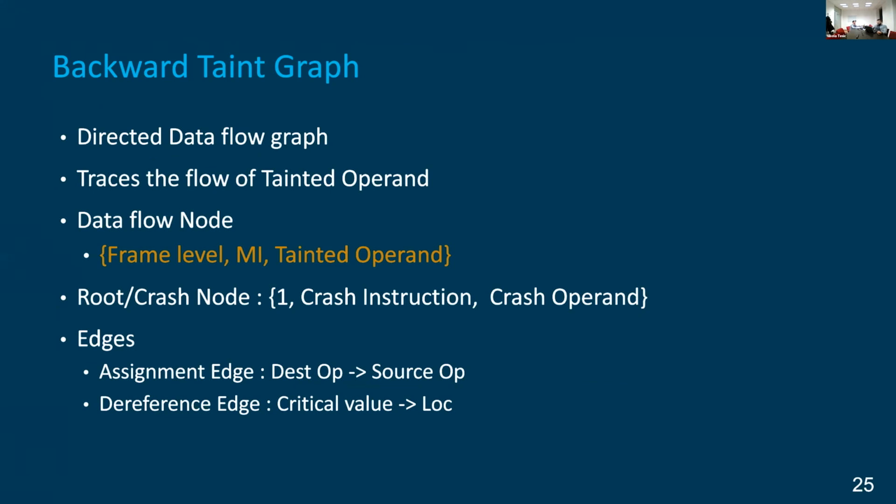In addition, we have two types of edges: the assignment edge, which is created only if the critical tainted value was transferred from one location to another, and the deref edge, which is created if we detected loading, actually setting, of that critical value.